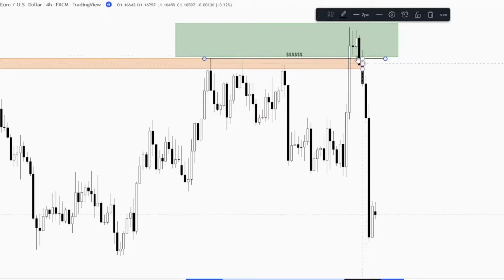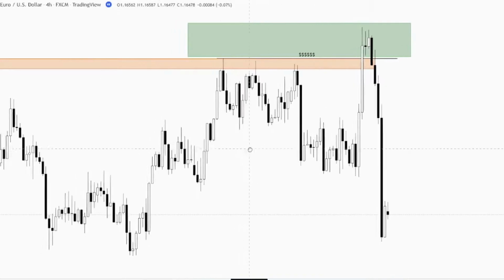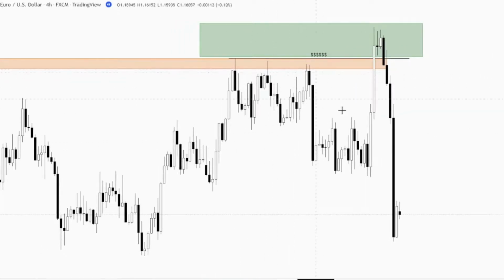And what does the market do? The market comes and hits their stop losses and goes all the way down. Right, that is how liquidity works, and I believe that this is a good enough example for you guys to be able to see that in areas of liquidity, the market will go there to fuel itself before it goes to the direction that it wants to go to, because the market needs fuel just like the car needs fuel.